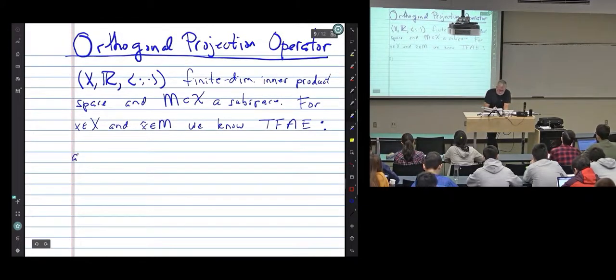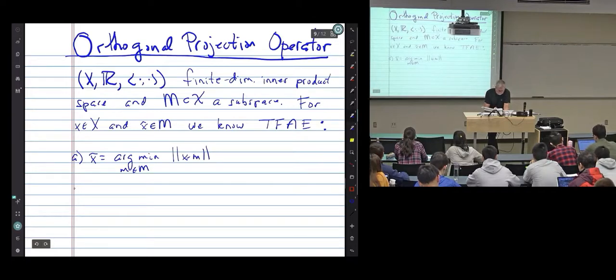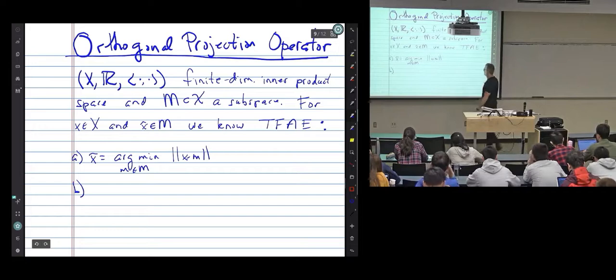Okay. A. X hat equals arg min over m in M of the norm of x minus m. Okay? X hat is the solution to our best approximation problem.